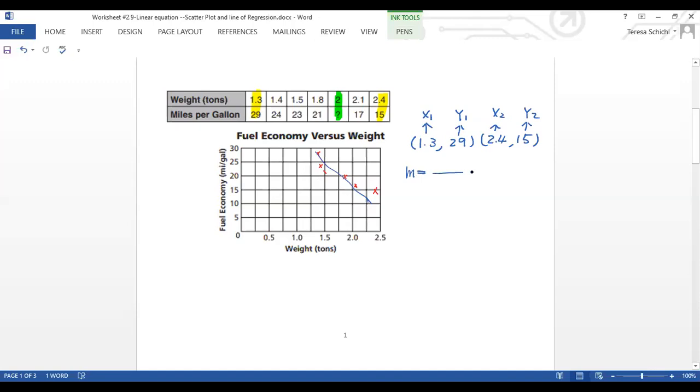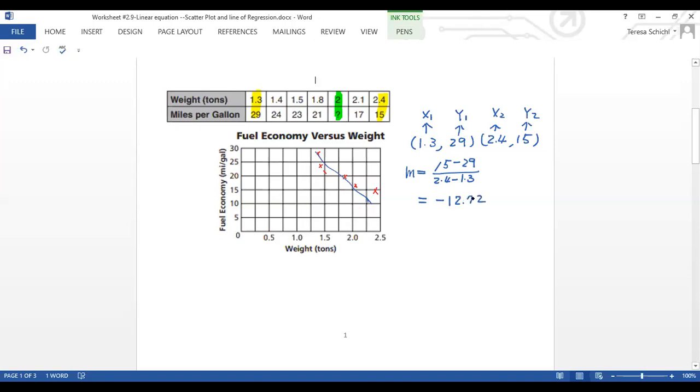The slope will be y2 minus y1 over x2 minus x1. So it will be 15 minus 29 over 2.4 minus 1.3. I calculated this to be negative 12.72.